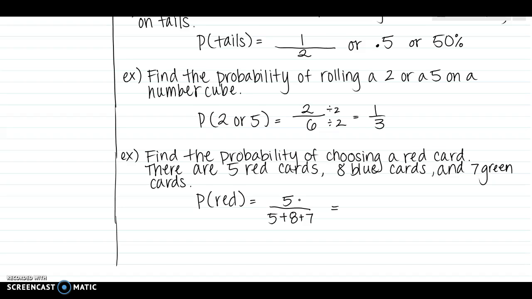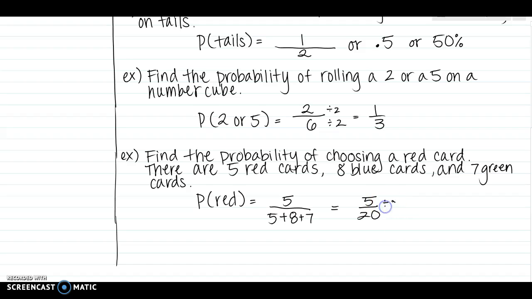Kind of going through this and simplifying, my 5 is going to stay the same, and 5 plus 8 plus 7 gives me 20. So right now I have the probability of choosing a red card is 5 out of 20 cards. Now that's true, I have 5 red cards out of a total of 20, but again, because we're dealing with probability, we want to get this in the simplest form.